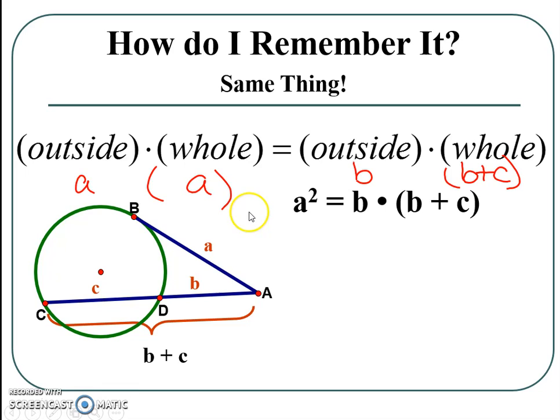So for two secant segments, and for a secant and a tangent, it's the same formula. Just for the tangent, you multiply it again by itself, A squared, and then B times BC. They equal each other, okay? So it's the same kind of concept.